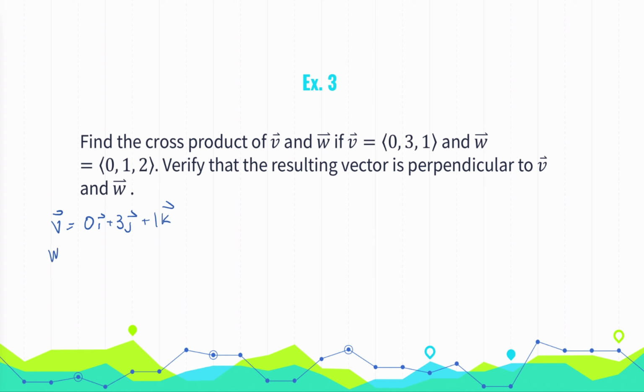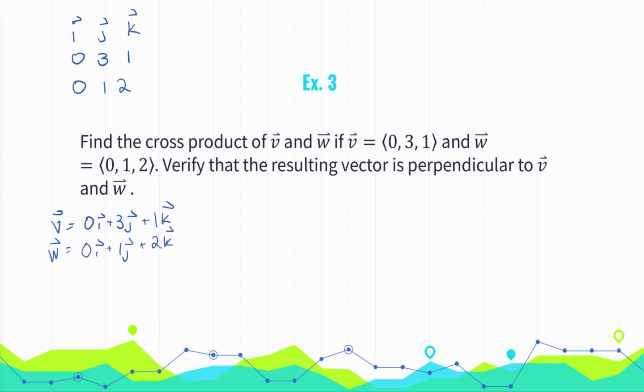And vector W is 0i plus 1j plus 2k. So then to put these in a matrix, I'll put the matrix up here. To put these in a matrix, i, j, and k. We have one that's 0, 3, 1, and one that's 0, 1, 2.